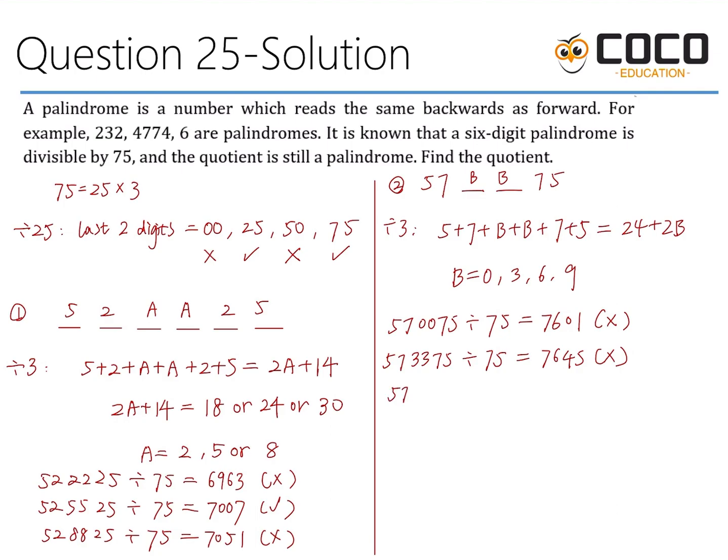Then 576675 divided by 75, we get 7689. So that's not a palindrome. The last one, 579975 divided by 75, that's 7733. So not a palindrome. So there's only one answer, 7007.